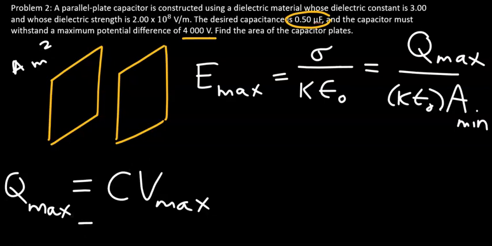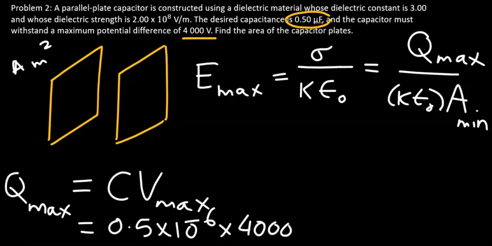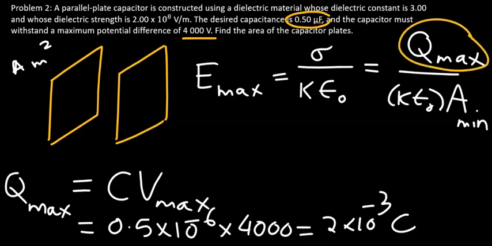This maximum charge can be calculated as follows. The capacitance is 0.5 microfarad and the maximum potential difference is 4000 volts, and that's going to give you 2 times 10 to the power minus 3 coulomb for this maximum charge.